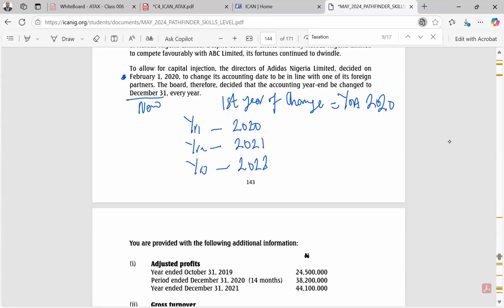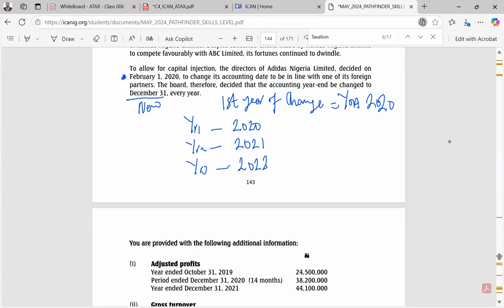They made it that 2020 will be the tax year that the Finance Act is going to be implemented. And it means that any account ending in 2019, which is the basis period ending in 2019, falls under Finance Act 2019.